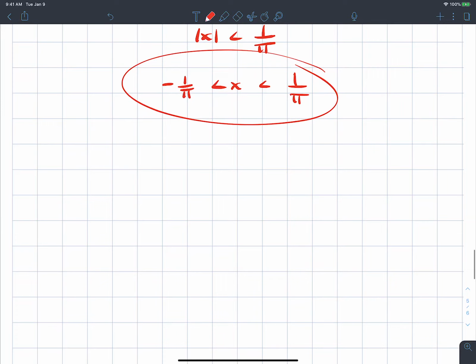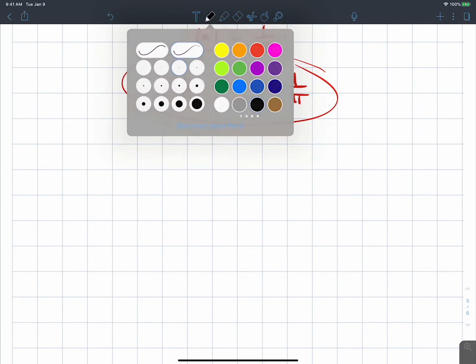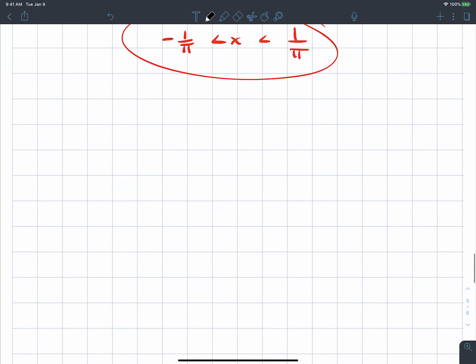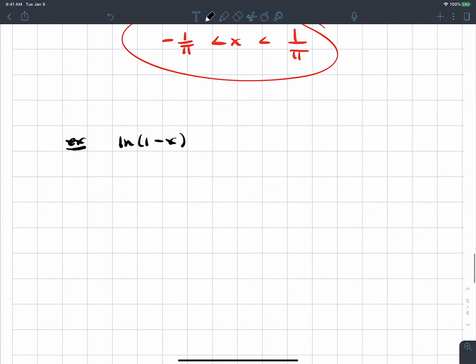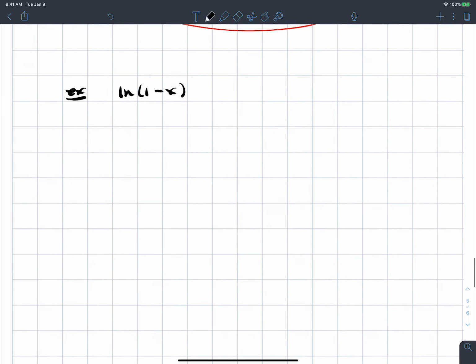Now, we're going to go back, and I'm going to say something here about this next example. They want us to do the power series expansion for the natural log of 1 minus x. Now, this morning, I did the natural log of 1 plus x. And let's note where this actually comes from. Okay, we have 1 over 1 minus x.